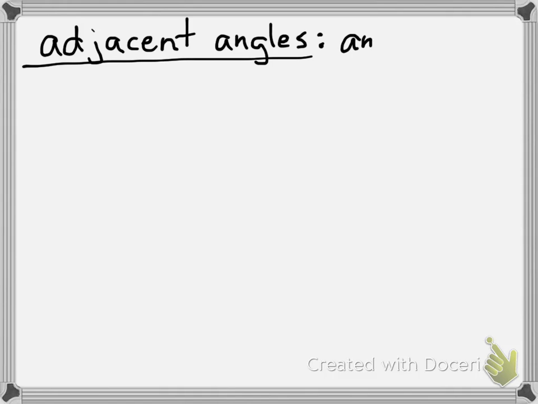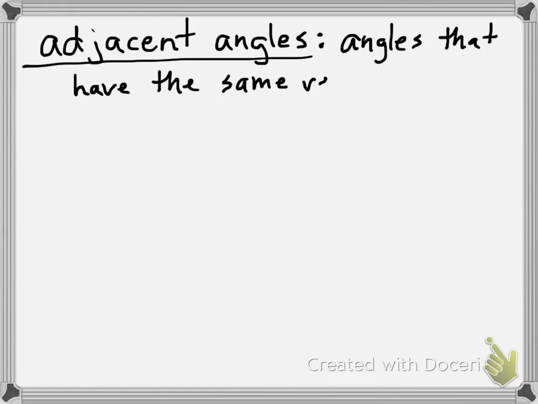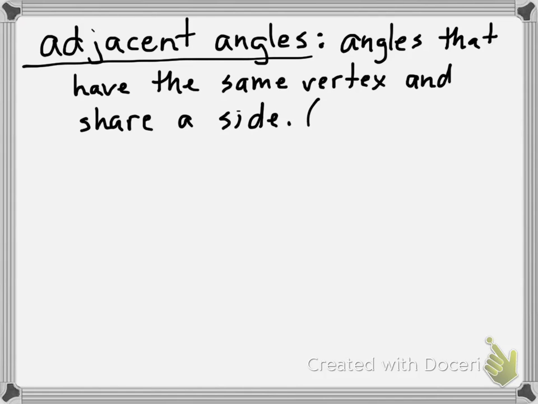All right, our next angle pair is adjacent angles. Okay, adjacent literally means next to or beside. Okay, so adjacent angles are angles that have the same vertex and share one side. So they're literally right next to each other.